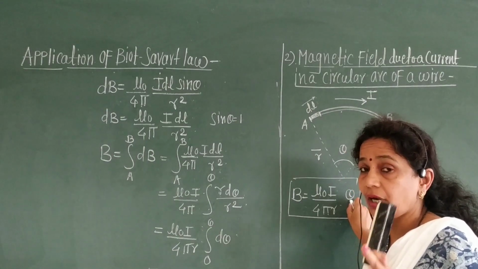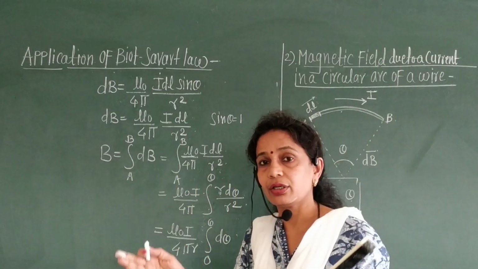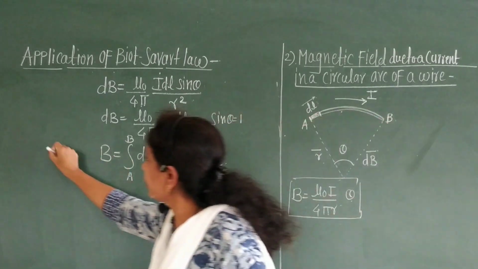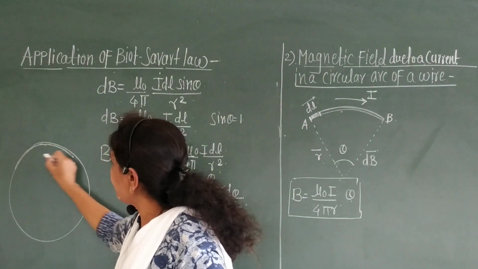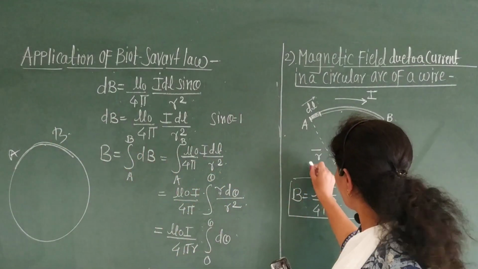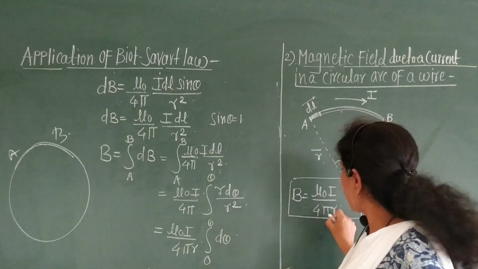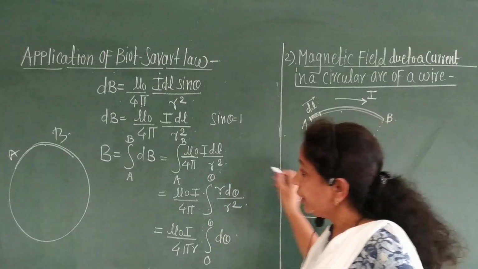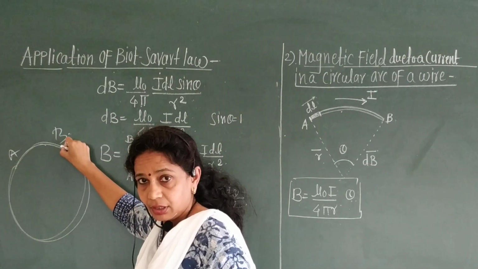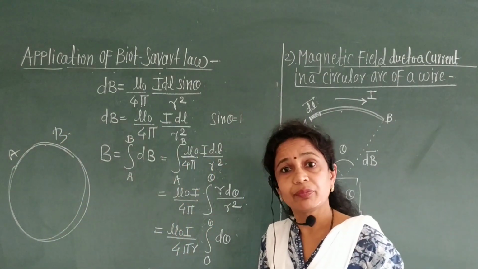Only the circular arc. If you consider the whole wire as a circle, we had earlier considered only the part AB of the whole wire. For the part AB, the magnetic field is this: mu 0 I upon 4 pi r into theta. If you consider this whole wire, then the magnetic field will be increased.